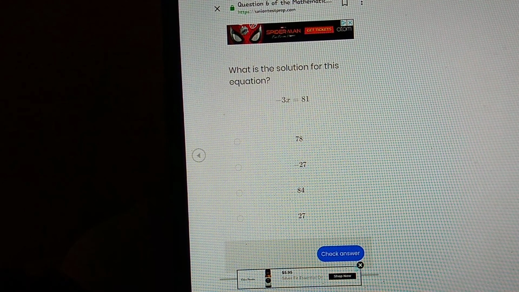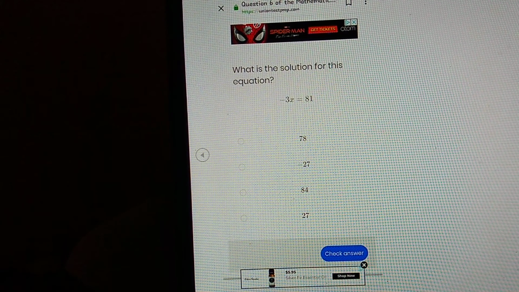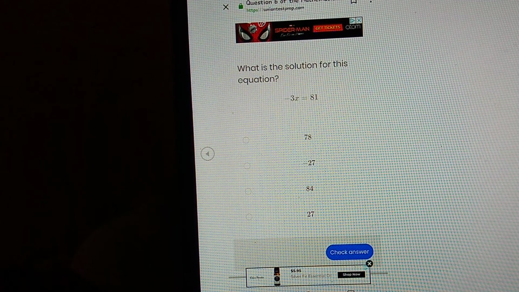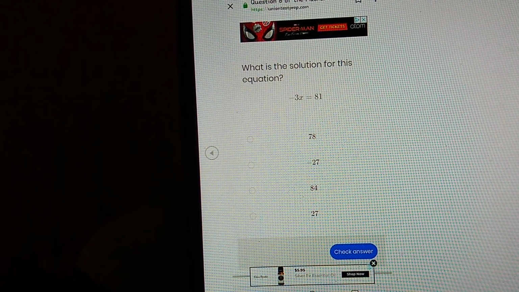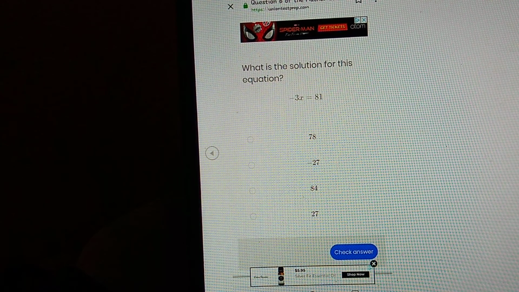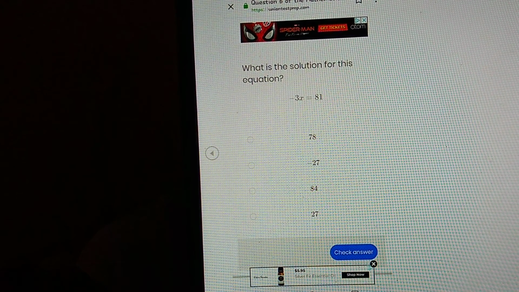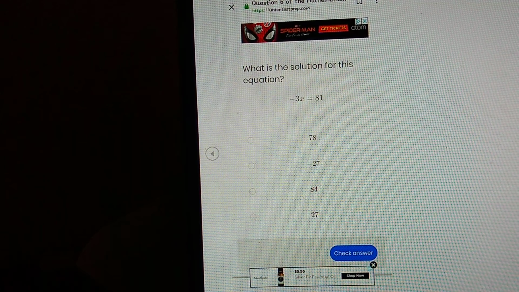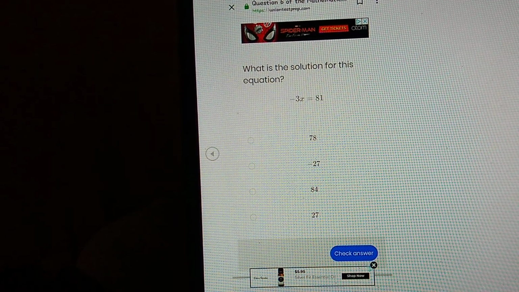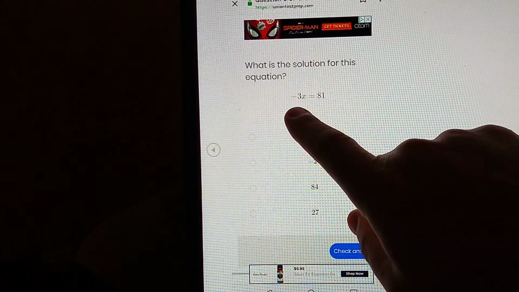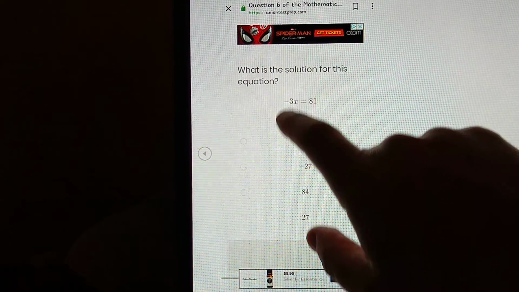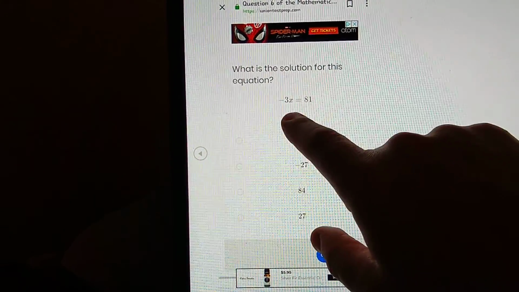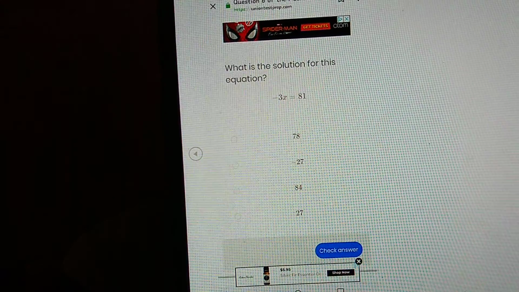Okay, so we have negative 3 times x equals 81. We need to get x alone, so we need to divide that by negative 3. Do you see why? Because negative 3 divided by negative 3 will equal 1, and 1x just equals x.